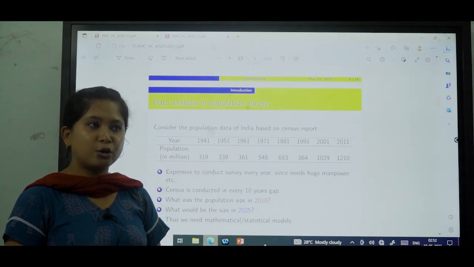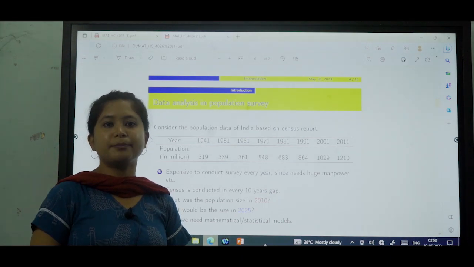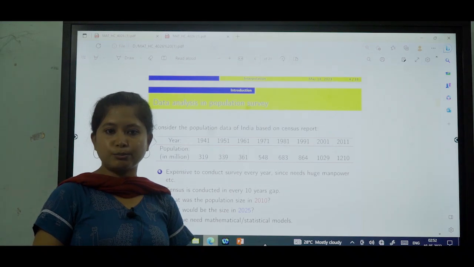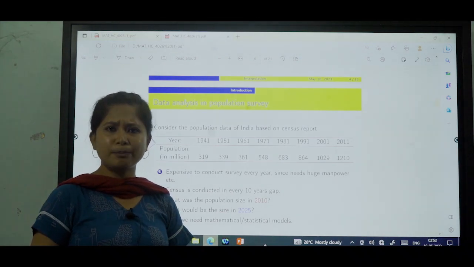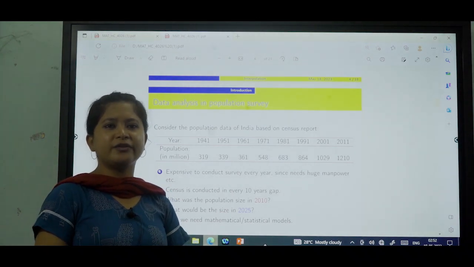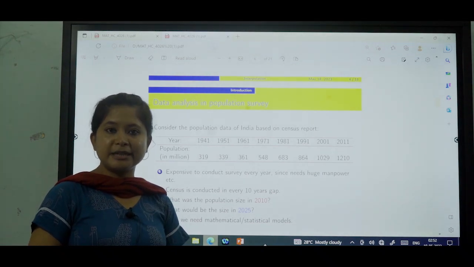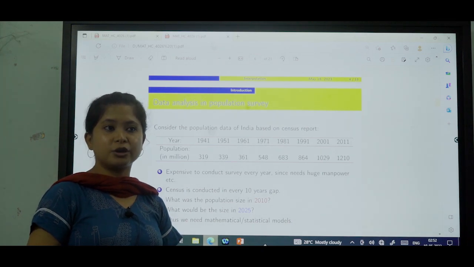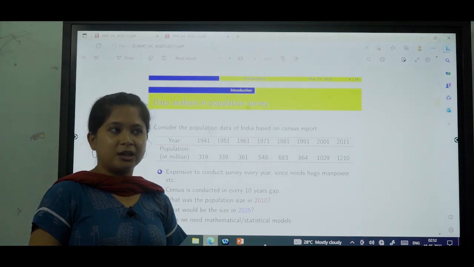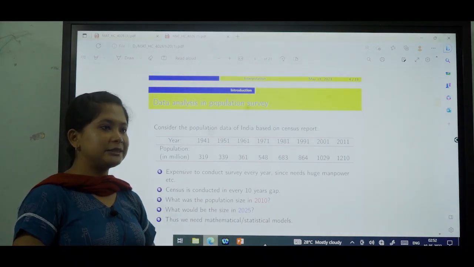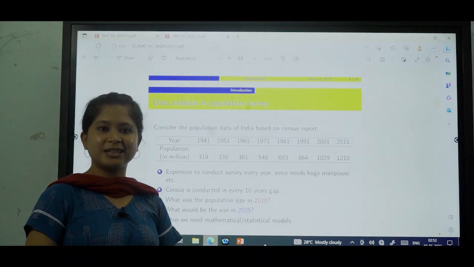But to implement a mathematical model, there are many constraints like population immigration, population migration, competition, natural disasters, and various others. So, formulating a realistic mathematical model is not an easy task. So, what will be the answer if I simply want to know the population size in 2010?